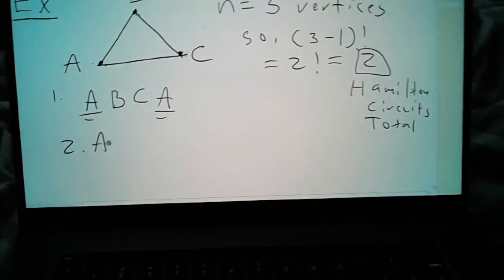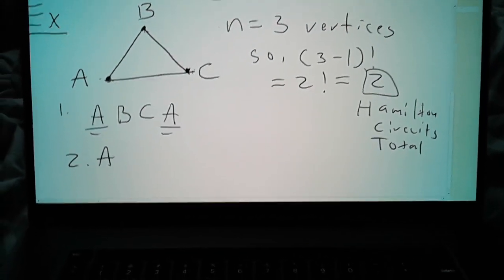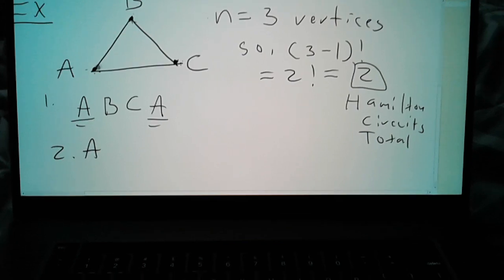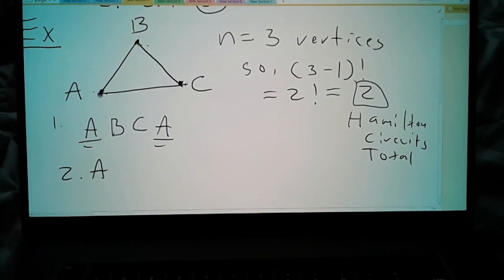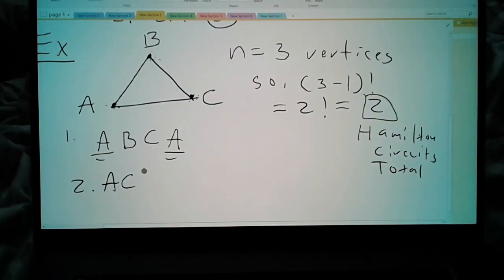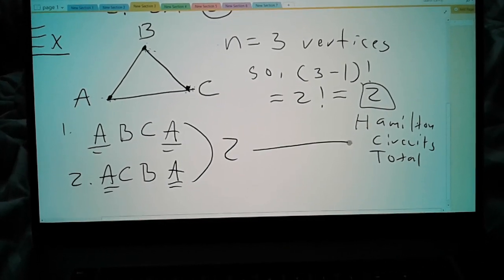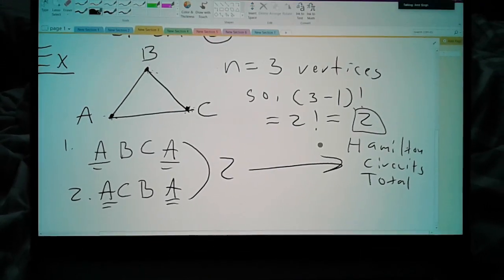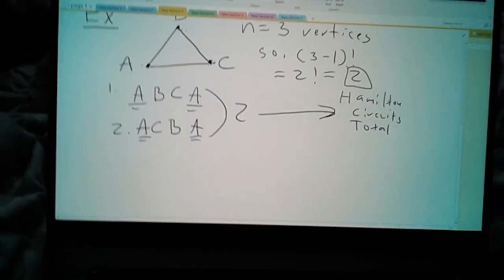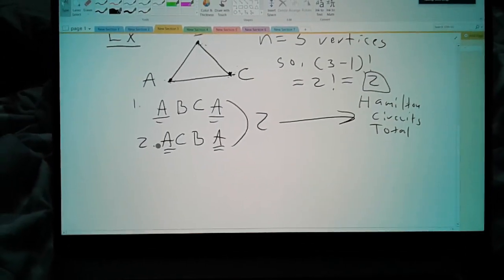What else? Well, I went A, B, so I'd have to go A, C, B, A. A, C, B, A would be another one. 2. So we have 2, right?